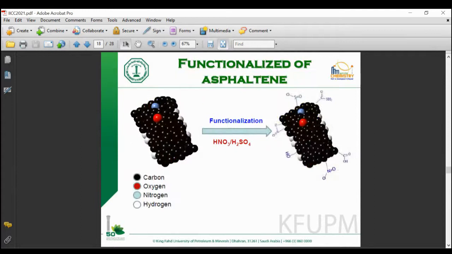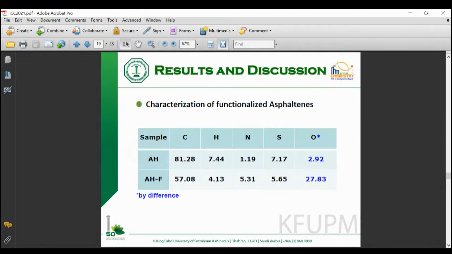the metals and dyes. Okay, this is a model just trying to show you that for this asphaltene, we did the functionalization using nitric acid and H2SO4, and it develops oxygen moieties, carbonyl groups, and others. Okay, and when you look at the elemental analysis, initially it was 2.92% of oxygen.